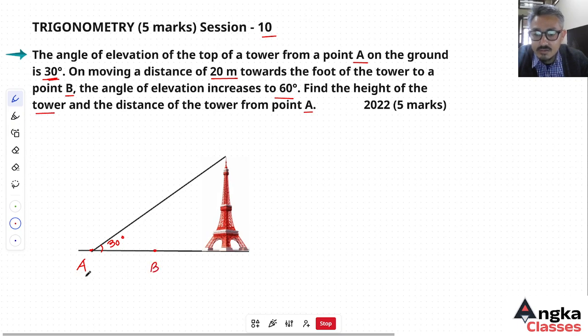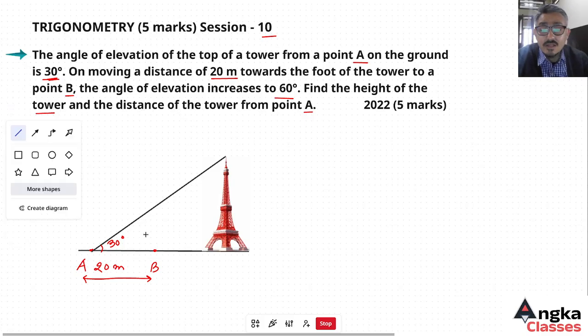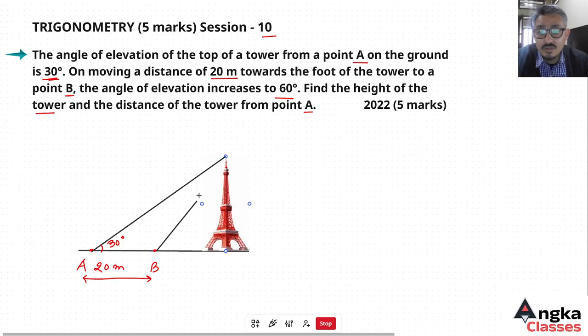We move 20 meter from point A to point B. From point B, when we look up again, the angle of elevation changes to 60 degree.